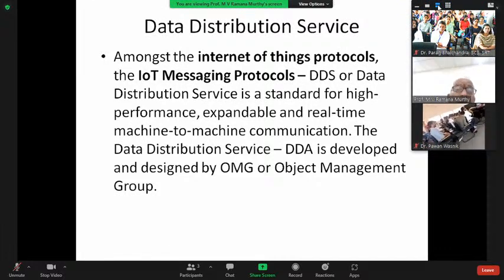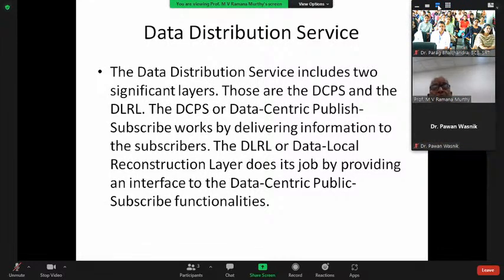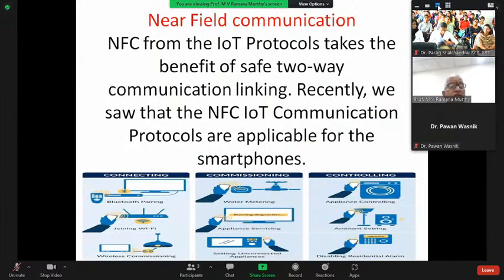It includes two significant layers: the DLRL and the DCPS, the data-centric publish-subscribe. Publish-subscribe works by delivering information to the subscribers. The Data Local Reconstruction Layer does its job by providing an interface to the data-centric publish-subscribe functionalities.